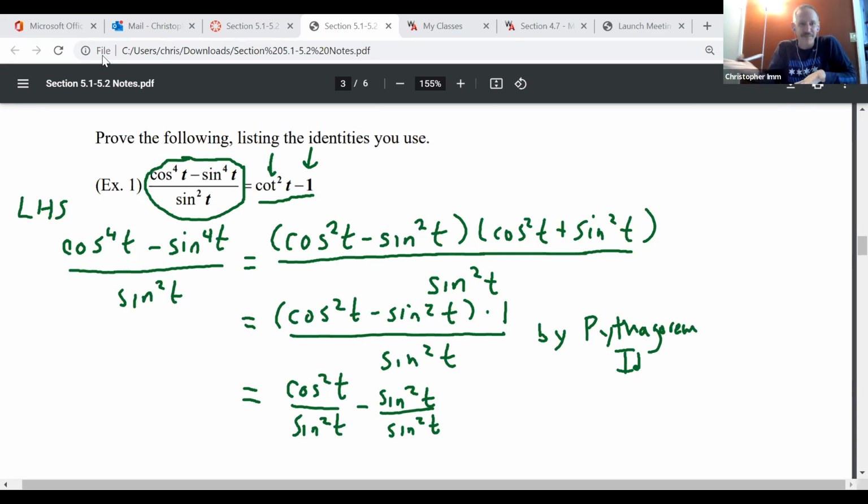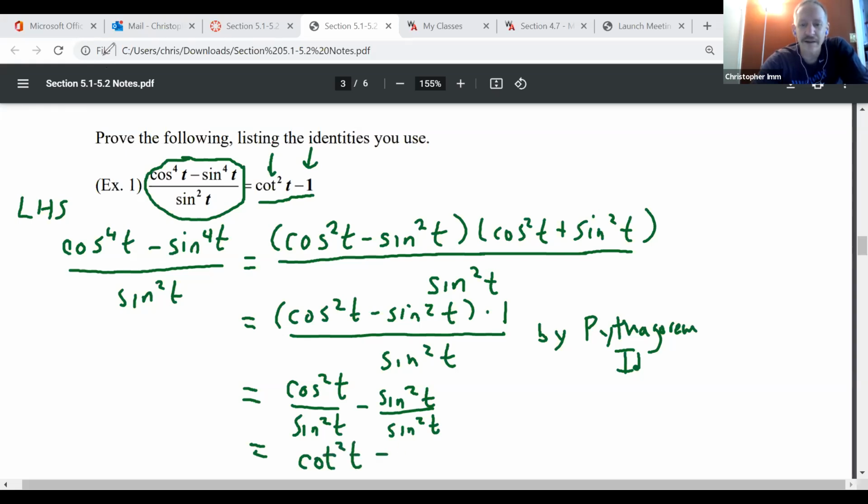If I had sine squared plus 1, I couldn't put cosine squared over sine squared and cosine squared over 1. That doesn't work. But when I have one singular denominator, I can do that. So there's an algebraic step. And then as Benjamin was saying, cosine over sine, that's going to be cotangent squared by a ratio identity.